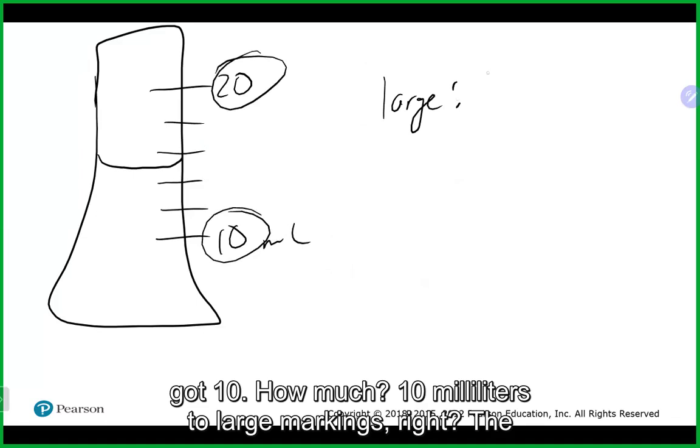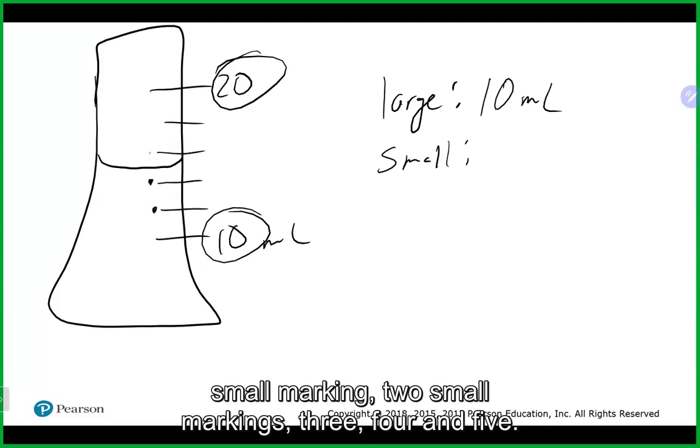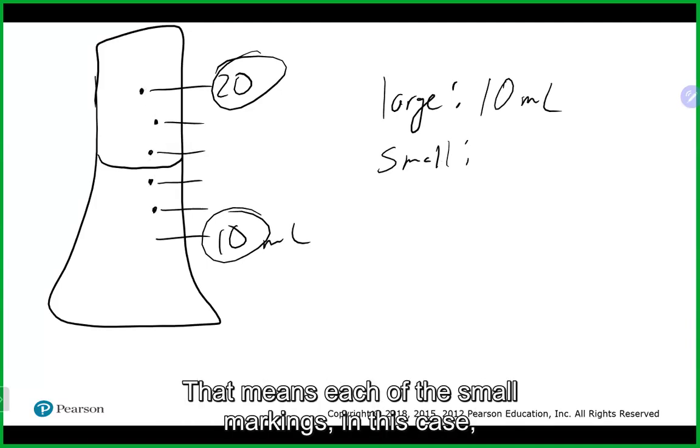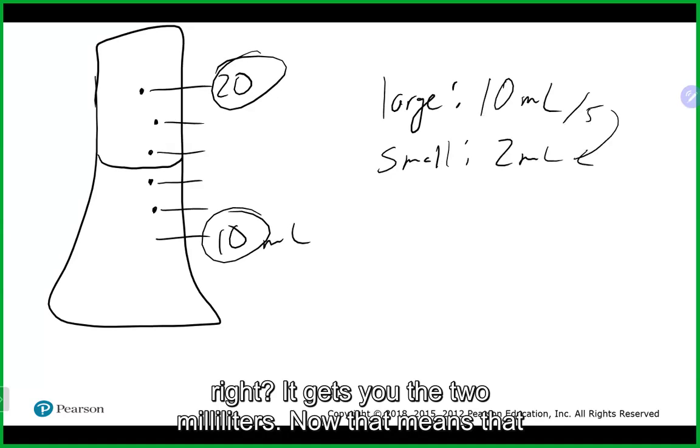How much? 10 milliliters, the large markings, right? In this case, our small markings: we have 1 small marking, 2 small markings, 3, 4, and 5. That means each of the small markings in this case represents 2 milliliters. Again, you can divide it by 5, right? Get you the 2 milliliters.